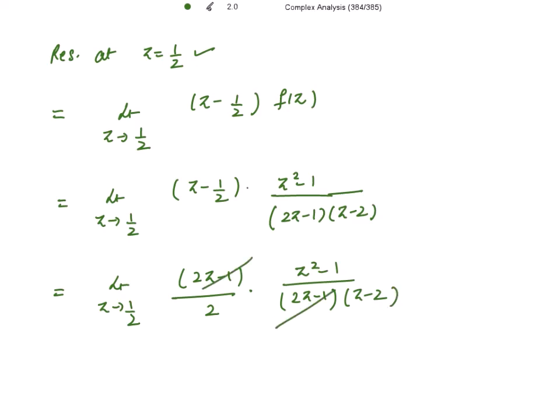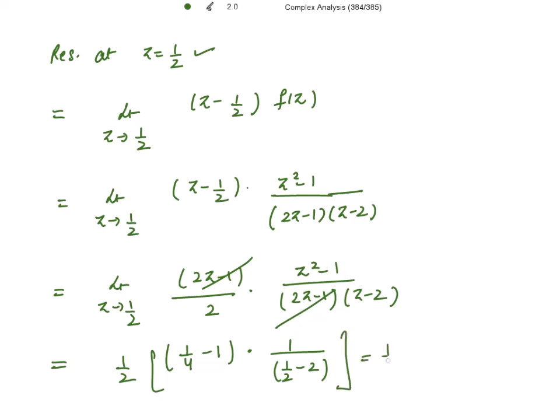These two cancelled out. Yes. And when putting z equal to 1/2 in place of z, we get 1 by 2 into, okay, z square is 1 by 4 minus 1, and in the denominator we have 1 by 2 minus 2, right?